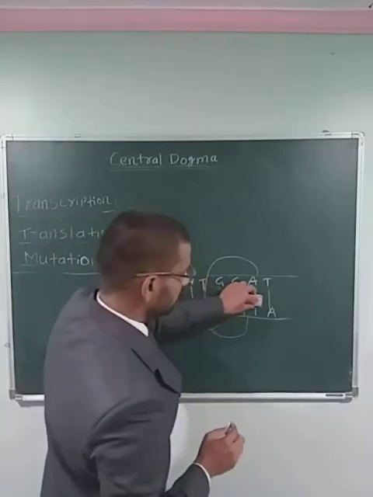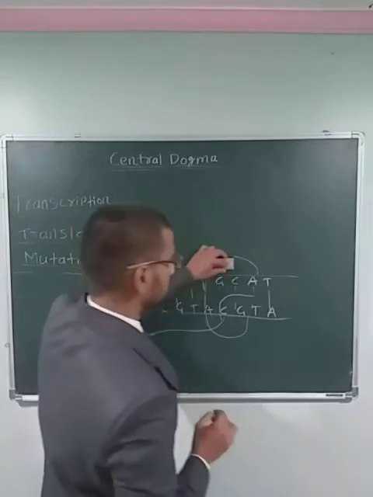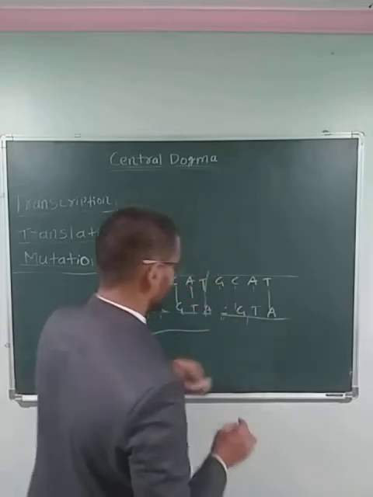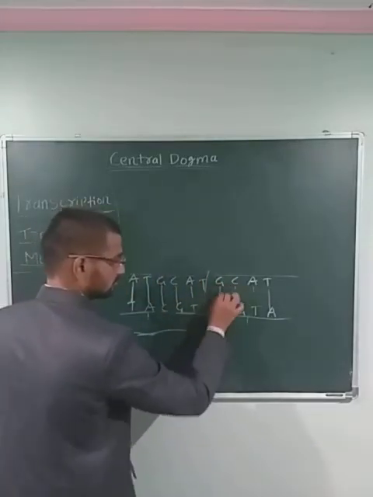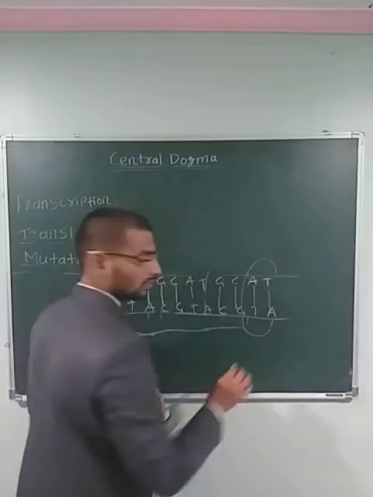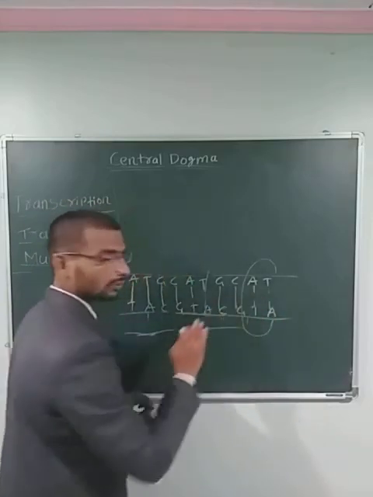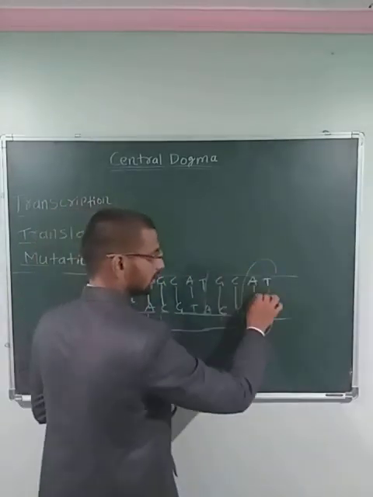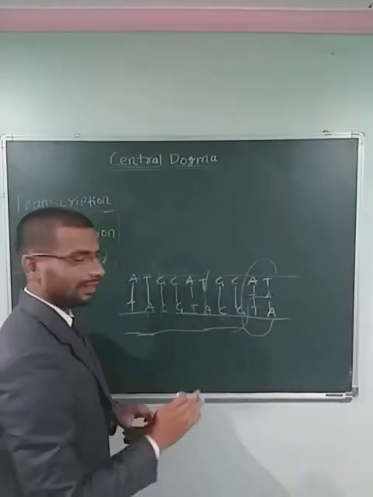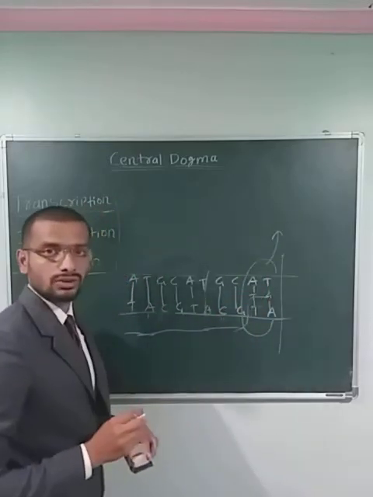The bonding will break down. The polymerase will add the free nucleotides and it will go till the end codon or a stop codon, where the same process will take place. The hydrogen bonding will break down, the free nucleotides get added over here, it continues as a chain, and after the stop codon the polymerase breaks away from the reaction.